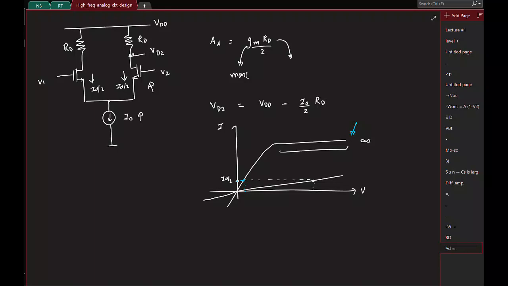So what you can do, you can basically go ahead and replace this guy with a MOSFET. So now let me label these guys M1, M2, M3 and M4. Okay. So this is the motivation behind using active devices at the load side.